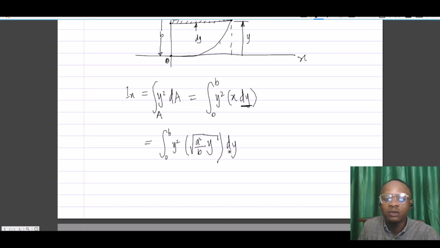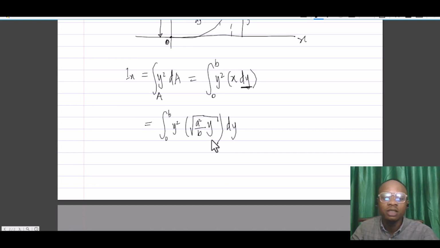Then we're integrating this with respect to y. This should be something easy to integrate, because the root of a squared over b, of course, that's a over root b, is a constant, so we can move it out. So this is a over root b. Then we have root y here. Root y is y to the power 1 over 2.